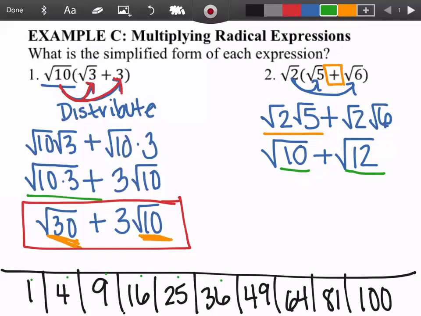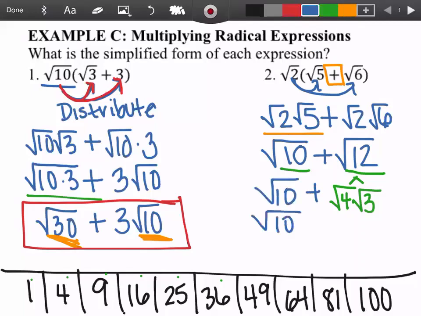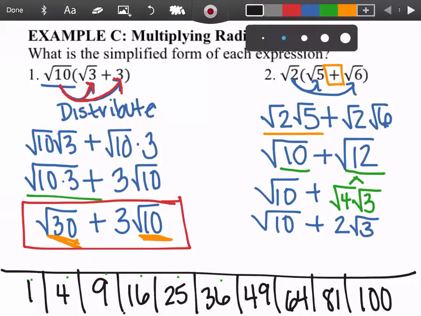So we're going to split this square root up into the square root of 4 and the square root of 3. And then plus square root of 10 doesn't change. So we have square root of 10 plus square root of 4. That is equal to 2. And then square root of 3 doesn't simplify. And then that's as far as we can take it. So that would be our answer there.